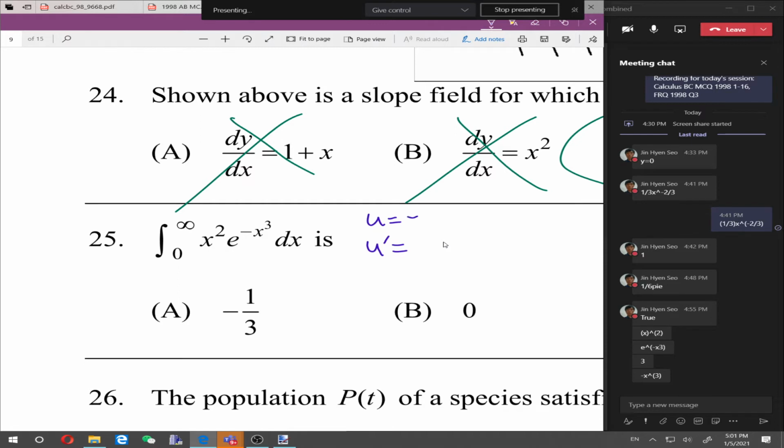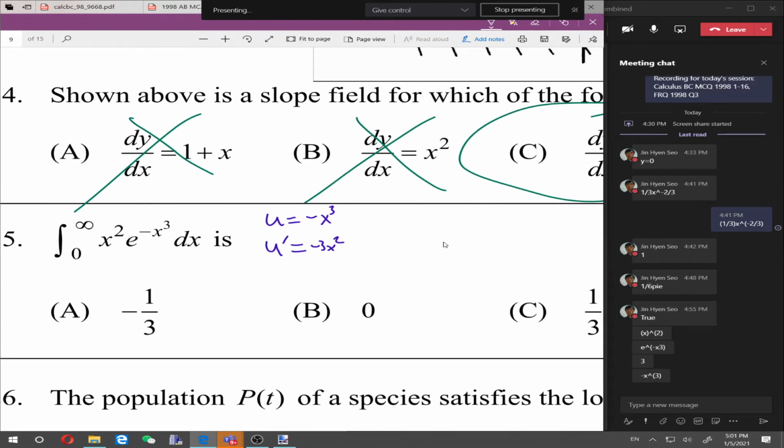So if we make our u negative x cubed, then our u prime would be negative 3x squared, which is the right power of x squared, so the only difference I have is a constant here. So that means if I make a u substitution, then this would need to be the integral of negative 1/3 times negative 3x squared e to the negative x cubed, or negative 1/3 times the integral of e to the u times u prime.